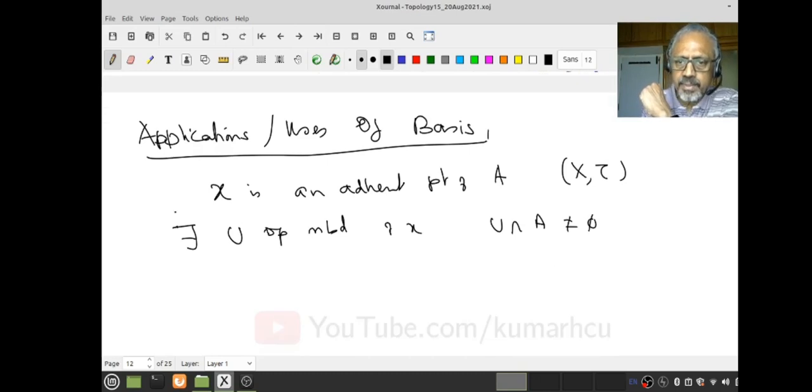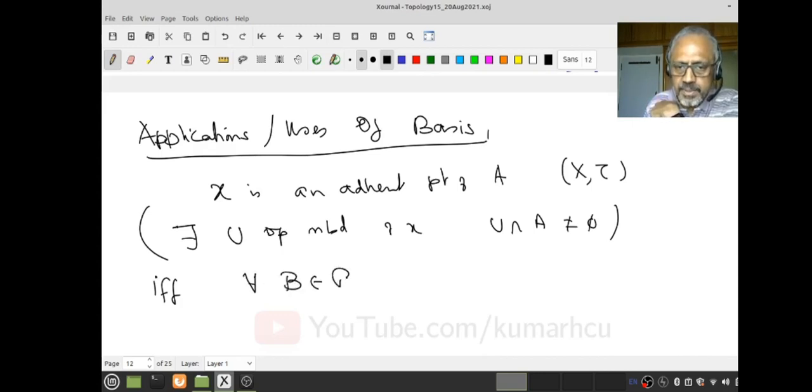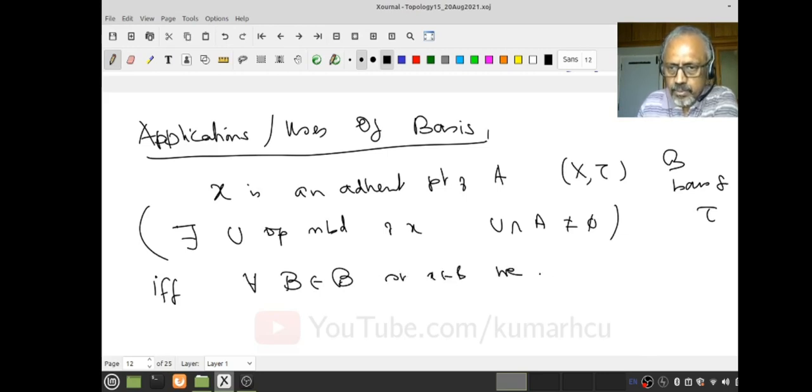I'm claiming x is an adherent point if and only if, assuming script B is a basis, whatever the basis be, you fix one basis for all, then for every B in script B so that x belongs to B, we have B intersection A is non-empty. This B is an ordinary open set.